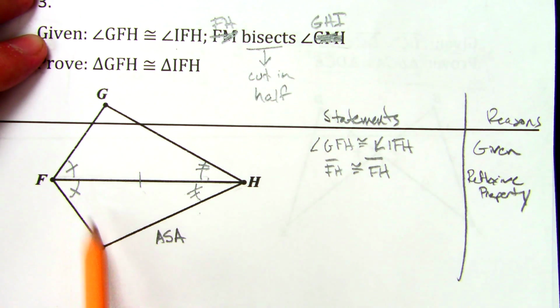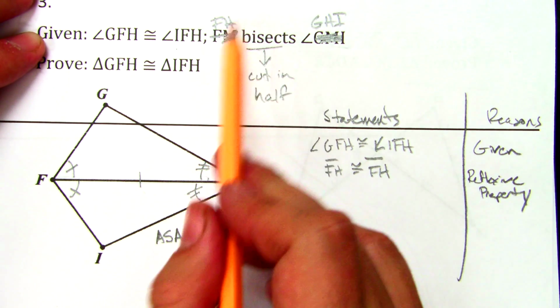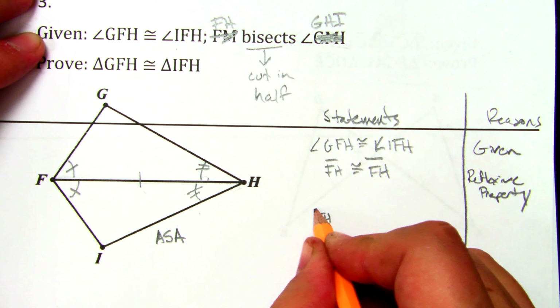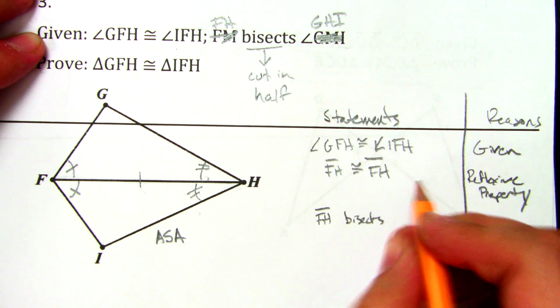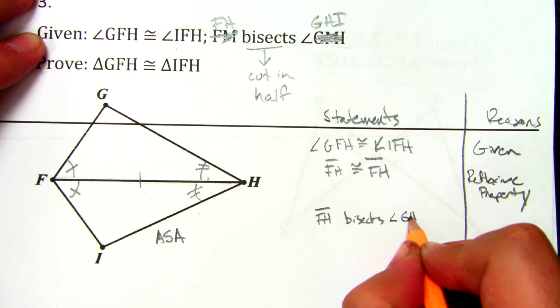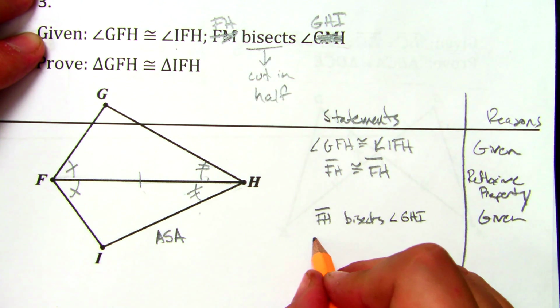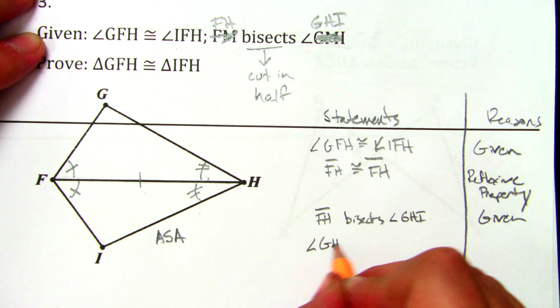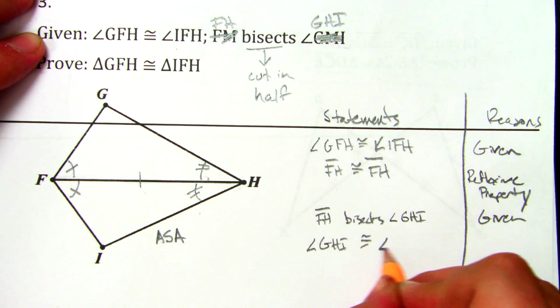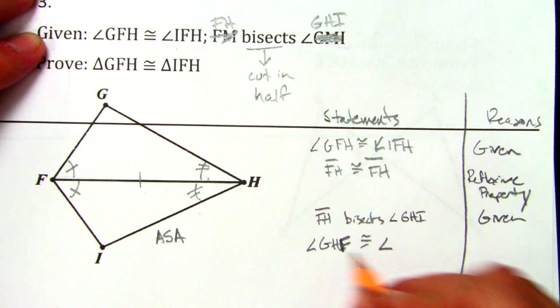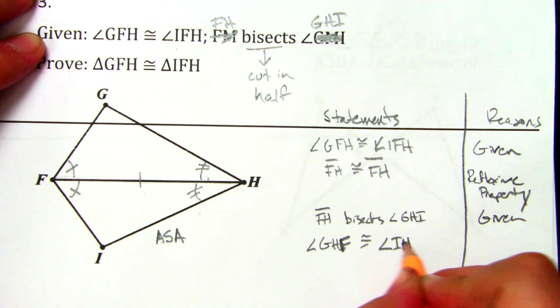Then I've got GHF and IHF. Well, how did I get that? I started with what was given, that FH bisects GHI. So FH bisects angle GHI. That's given. And then I use that to say that angle GHF is congruent to angle IHF.